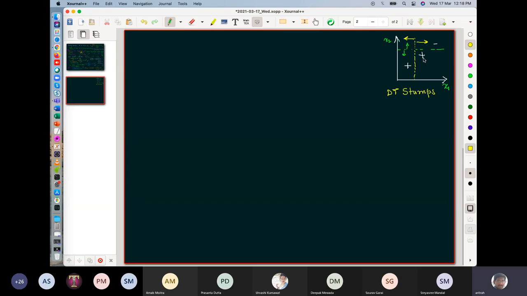So per decision point, two outcomes are possible. Now if I take the rightmost stump, all the left points could be plus and right points minus, or all the left points minus and the right points plus. If I also take this one, then this and this are the same. So 3 into 2 in each direction, total 12. So rather, we need to consider 2n decision stumps, or 2n new hypotheses or weak classifiers. So we will go by this simple one.